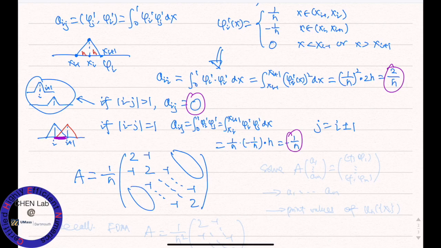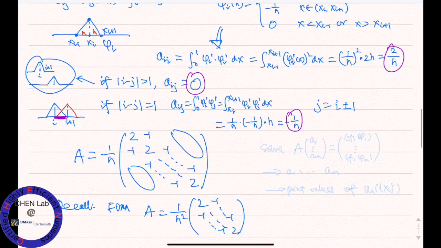It is identical, other than the factor of 1 over h squared, to the finite difference matrix. Recall that for the FDM matrix A, we had 1 over h squared, with 2 on the diagonal and negative 1 off the diagonal. They are identical. We're basically multiplying both sides of the finite difference equation by h. So 1 over h squared becomes 1 over h, and on the right-hand side there's also a factor of h.